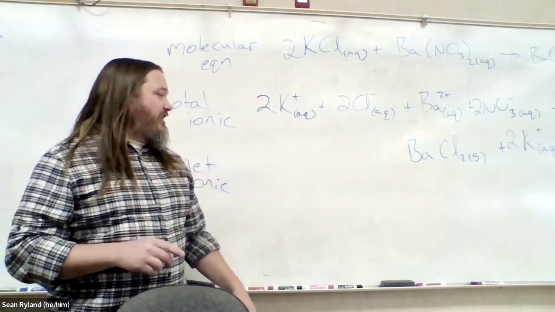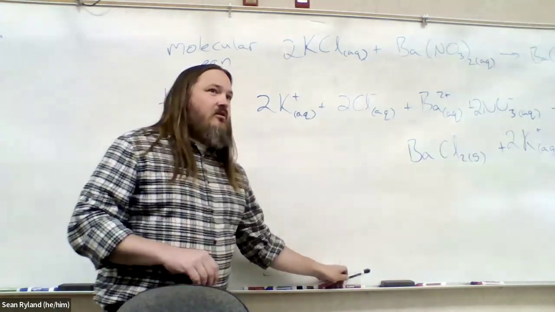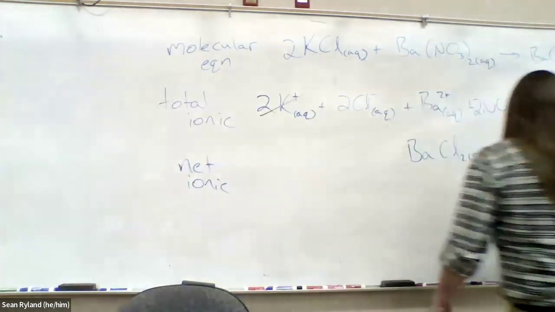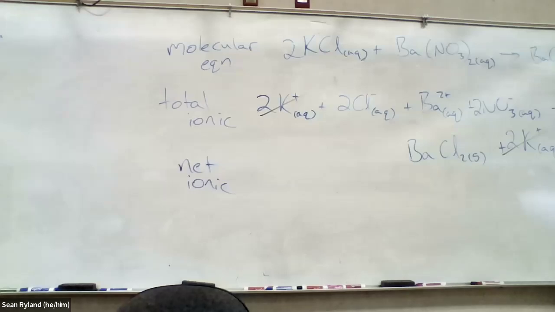So what's not changing? Potassium's not changing. 2 potassium aqueous, 2 potassium aqueous. And the nitrates. And so our net ionic, you basically cancel out anything that's the same as both the reactant and a product.